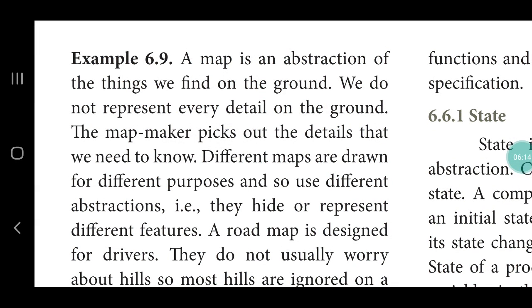Google Maps is there, you know. In that map, the basic road map is necessary for the rider. There is no need for other details about the hills or what all the shops are available. Only the road is enough. So this is the example for abstraction.